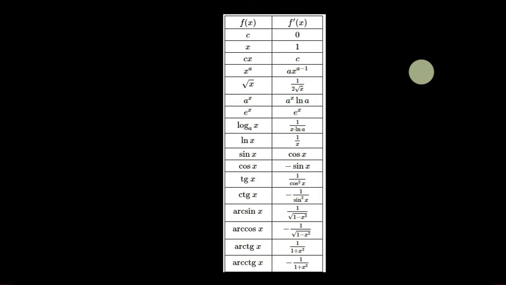I suggest you just learn these formulas. I don't think that these formulas are very necessary, like these, because I haven't needed them for myself in high school, but other ones are really useful and you should remember them.